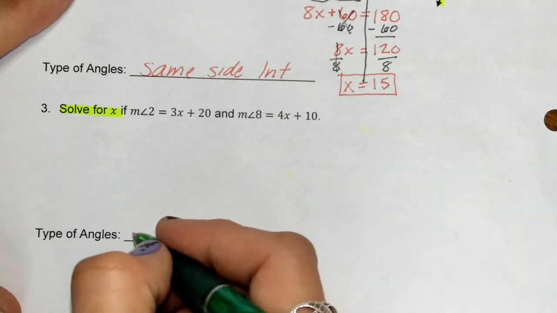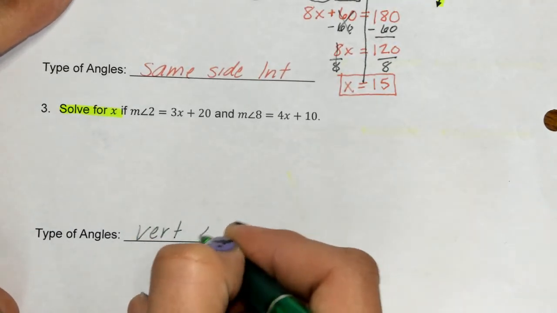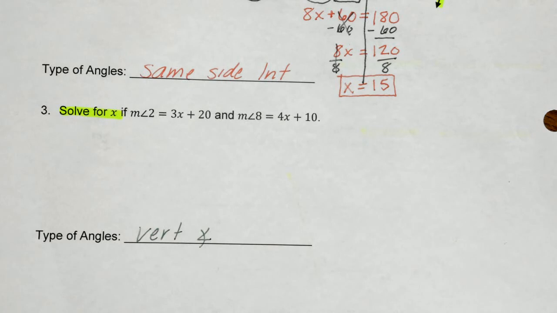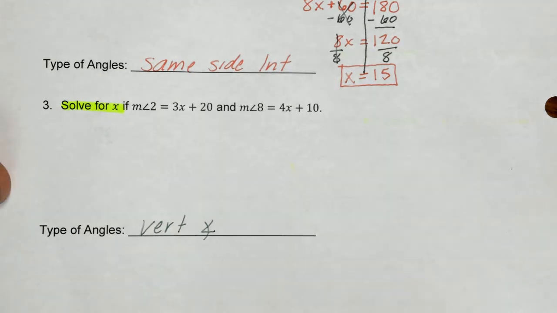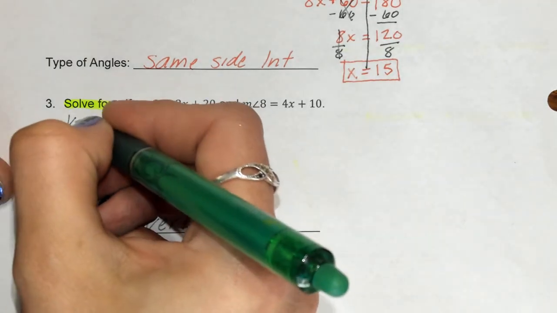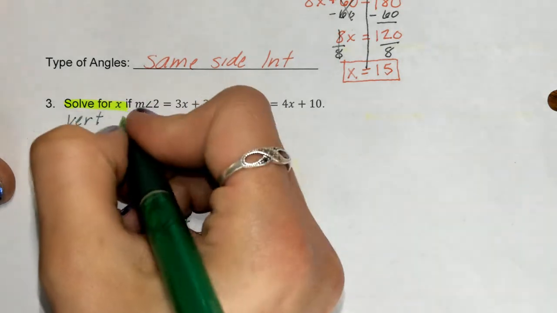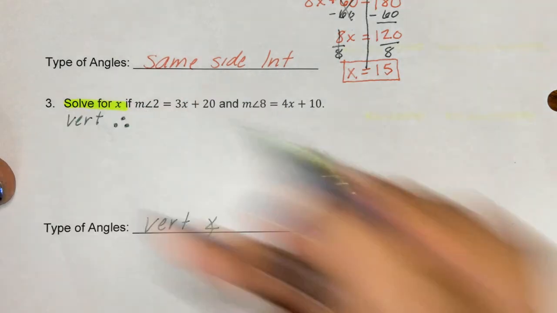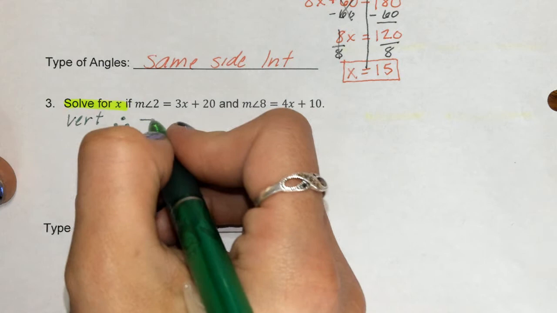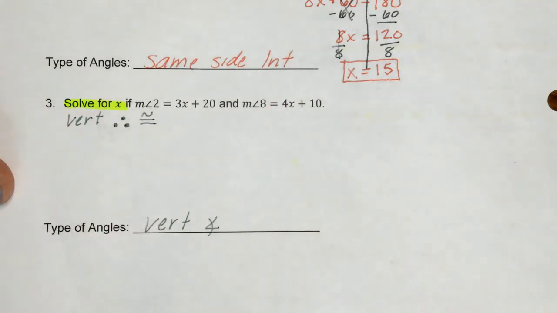So down here, we'll go ahead and write in. I'm just going to put vert and then the angle sign. And we take a look at what we've learned with vertical angles. We have vertical angles, therefore, your vertical angles are, you got it, congruent. Okay? So when 2 angles are congruent, their measurements are equal.